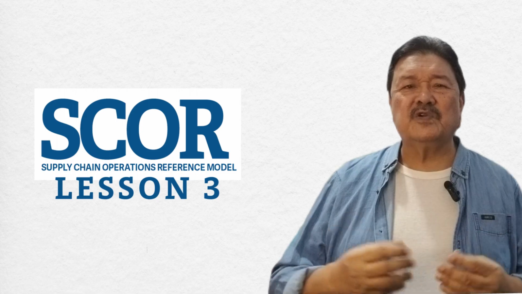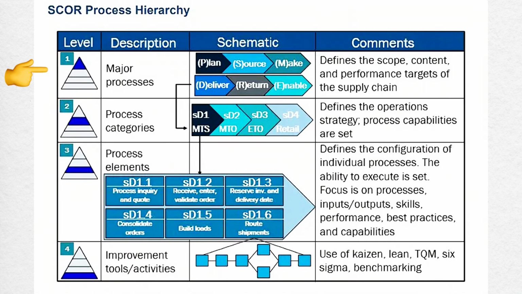They define the scope, content, and performance targets of the supply chain. At level 2, you have process categories. These are subsets of level 1 processes that define those processes in greater detail. They define the operation strategy and the process capabilities.